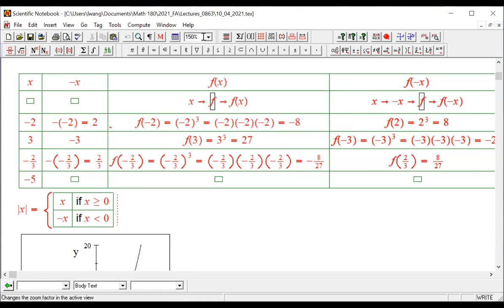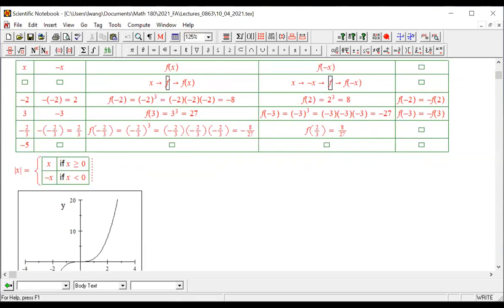Let me see if I can make the fonts just a little bit smaller so you can see everything without compromising the quality. Okay, so f of negative 2/3 equals negative of f of 2/3.